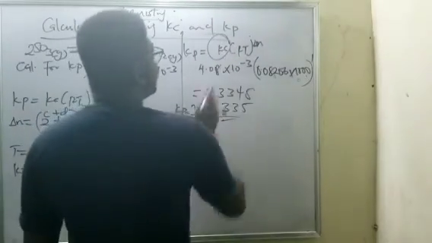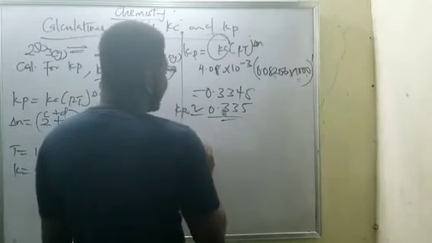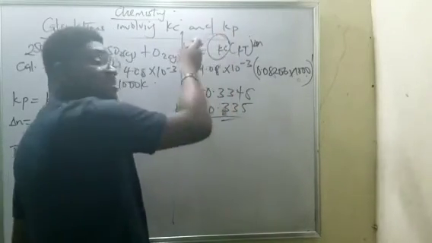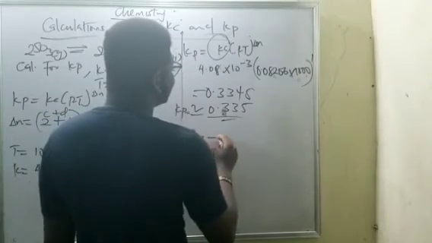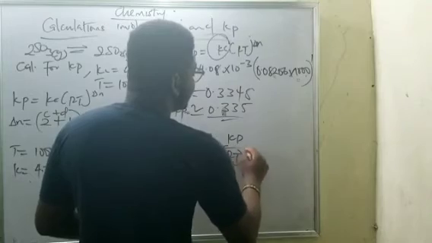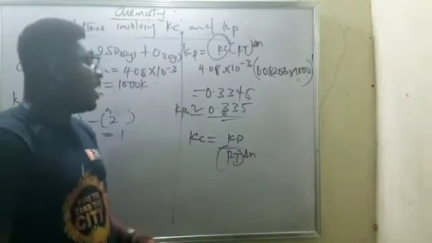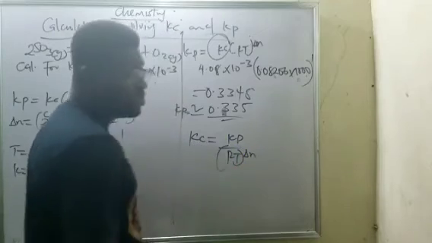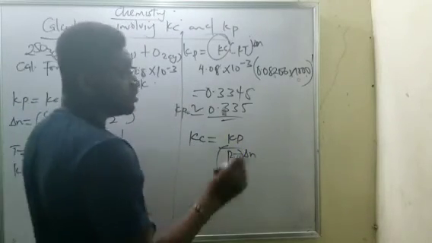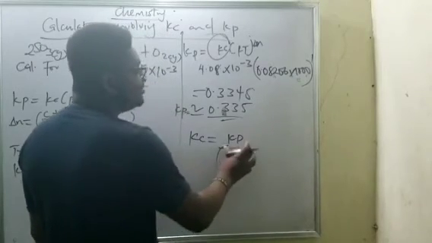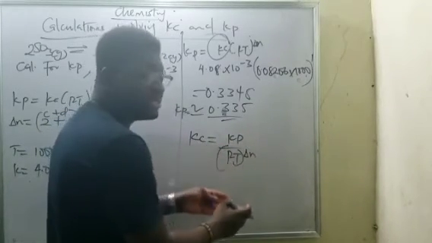So if I want to make this the subject of formula, if I were to look for Kc when I'm given Kp, definitely my Kc will be Kp over (RT) delta n, right? And if I were looking for something that has to do with my temperature, because there are times when I have to find my temperature, the mistake people make sometimes is that this delta n is for your molar gas constant and your temperature.